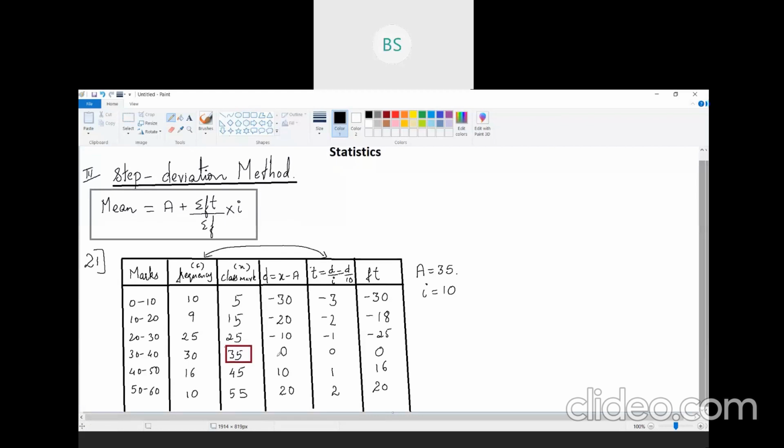Now once we finish with this, as usual we have to find out sigma f and sigma ft. So sigma f is 100.